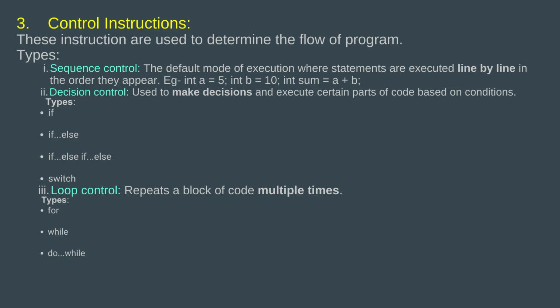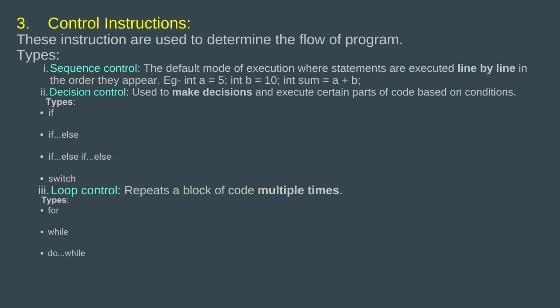The next topic we are discussing is control instructions. These are the instructions that decide the flow of the program, that is, the order in which the program will get executed. There are three types of control instructions, which are sequence control instructions, decision control instructions, and loop control instructions. The default mode of execution, where statements are executed line by line in the order they appear, is sequence control instructions.